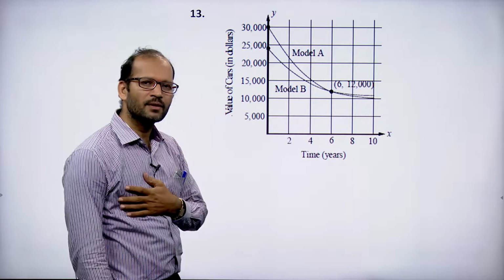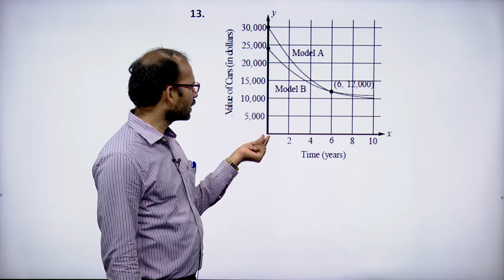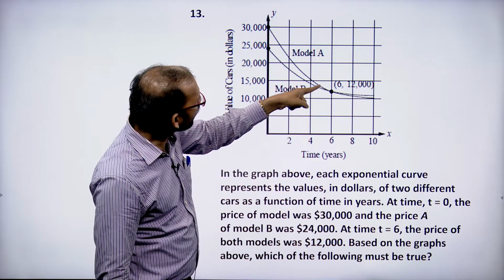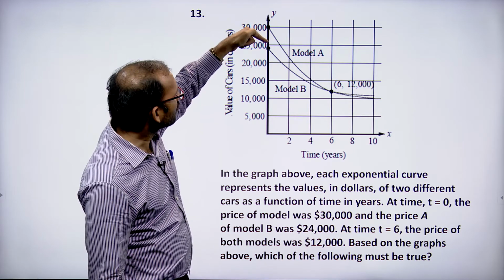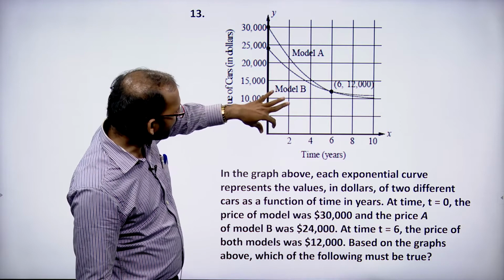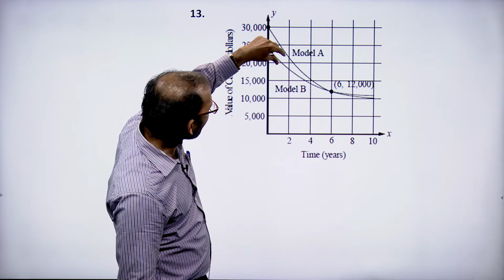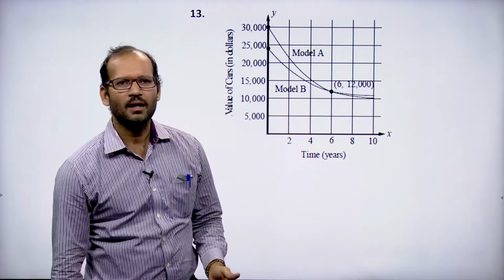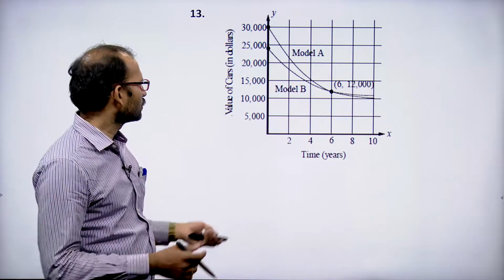If you observe this graph carefully, initially at time t equals 0, model A car is $30,000, and model B car is less, about 25,000. Gradually, as time increases, the cars' values decrease. We know a car's value decreases with time, so that is what is given here.